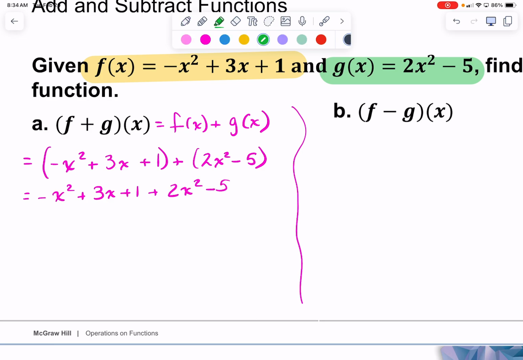And now I can combine like terms. So I have some x squared terms, I have one x term, and I have some constants, right? So that gives me a total of 1x squared plus 3x minus 4.